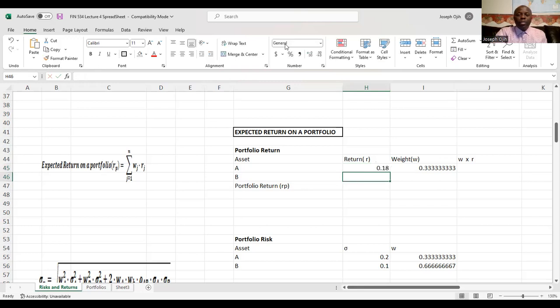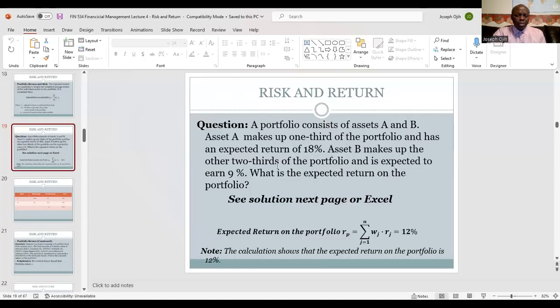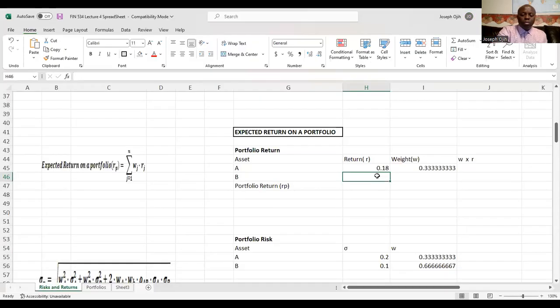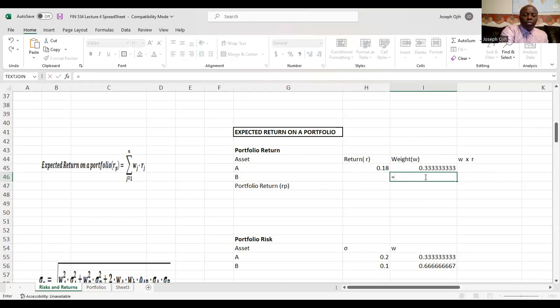Then for asset B, we have 2/3 of the portfolio, and it is expected to return 9%. Equals 2/3. Press the enter key. Oh, excuse me, I put it in the wrong place. So the weight is 2/3. So equals 2/3.